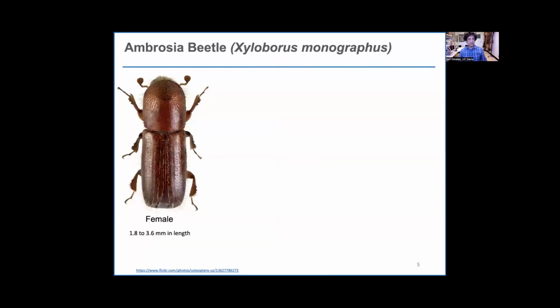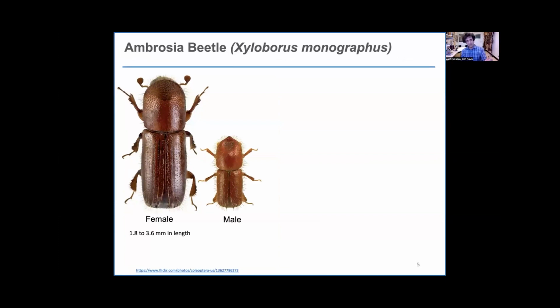As you may know, most ambrosia beetles have their own special organ in their mouth, called mycangia, where they usually carry their specific fungal species. The one in that picture is the female, and this is the male of the beetle.